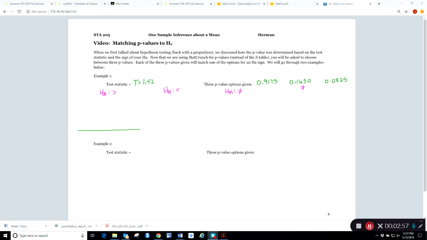So first I'm just going to draw all 3 pictures. I'm going to put my test statistic on here, which was 1.42. Since my alternative here is just one-tailed, looking at the direction, it's a greater than, telling me that I'm going to shade to the right. Going on to my other one-tailed alternative, I have the same test statistic, but this time, since it has the less than sign, we're going to shade to the left.